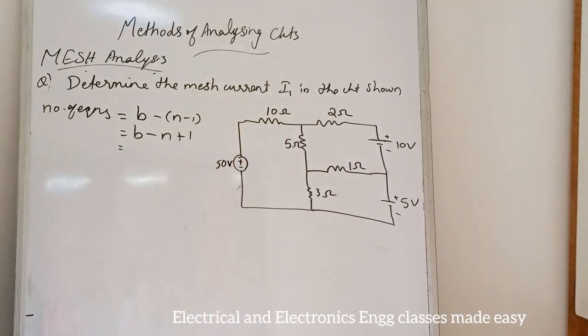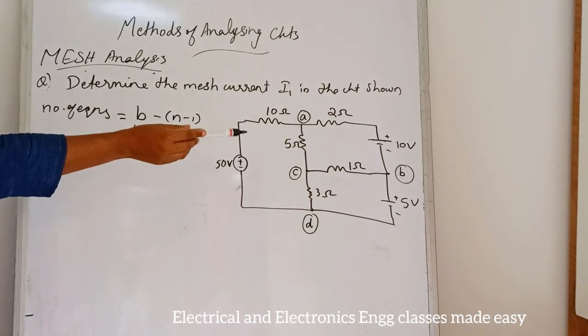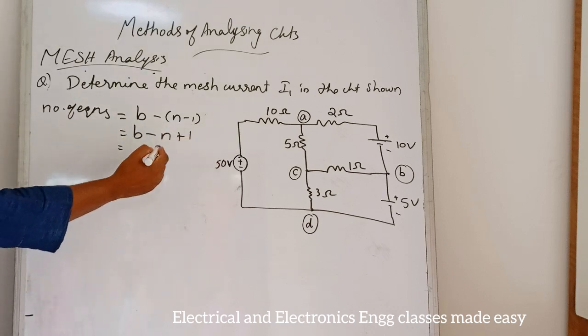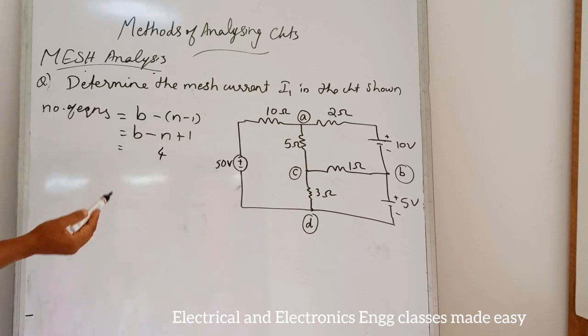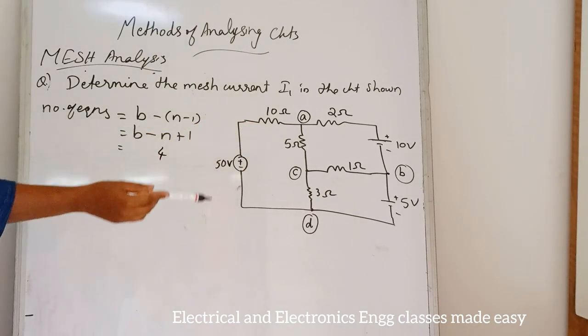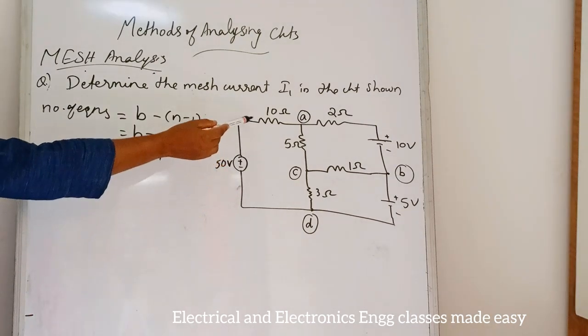First of all, mark the nodes. There are 4 nodes: A, B, C and D. Then the number of branches. Between the nodes we have to select the branches. So this is one branch.